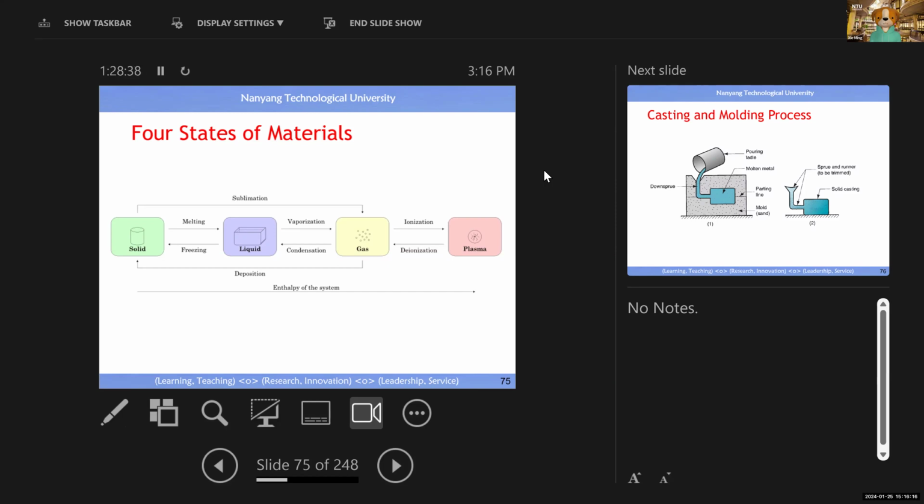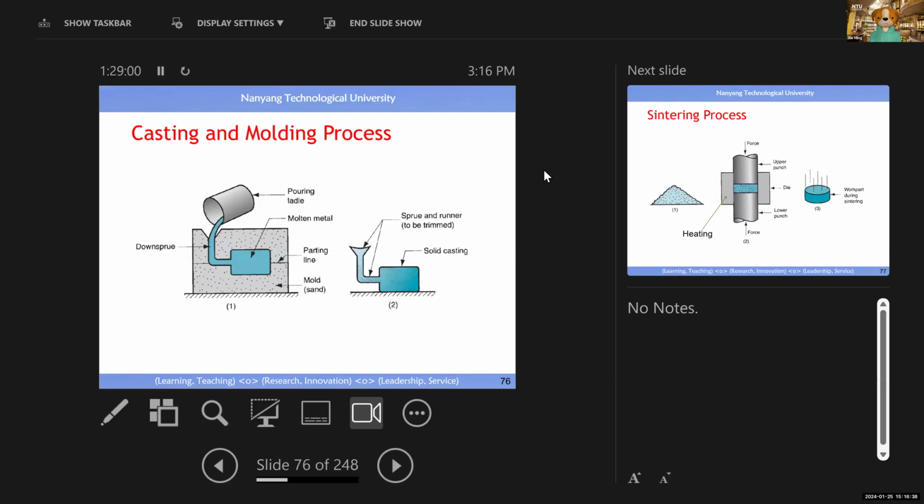So normally we play between these two, or increase the temperature of a solid so that the solid has a tendency to become a liquid. Then it's easier for us to change the geometry. So based on this slide, we understand that control of the temperature will help us to change the geometry of the thing, right?